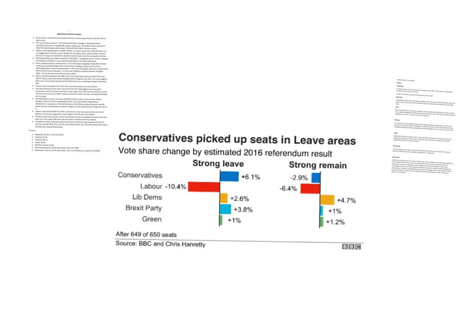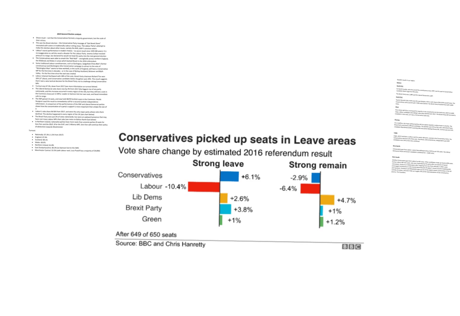If we look at Remain voters, there was a big gain for the Lib Dems, nearly 5%, because they were the only party promising to cancel and put a stop to Brexit. But what's more interesting for me is that those that called themselves strong Remain voters were more likely to abandon the Labour Party than the Conservative Party.